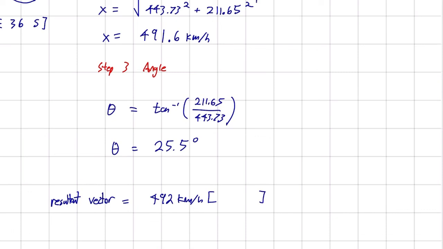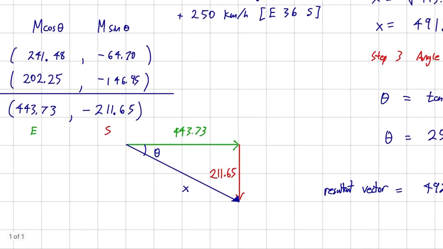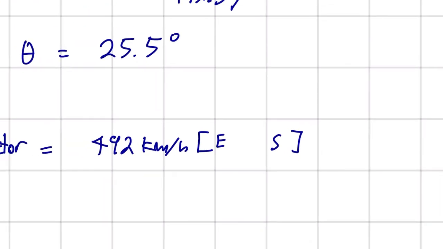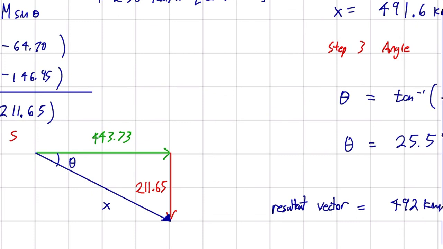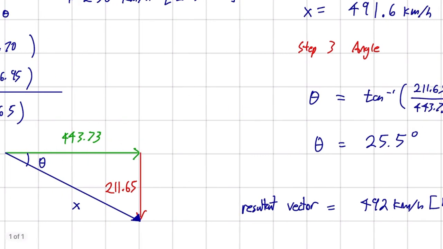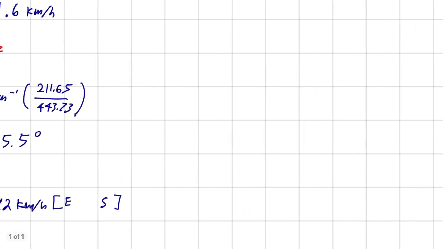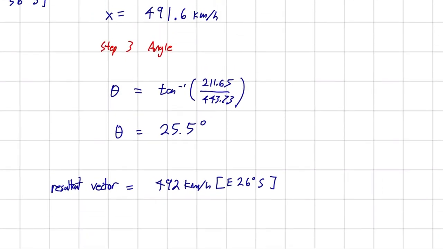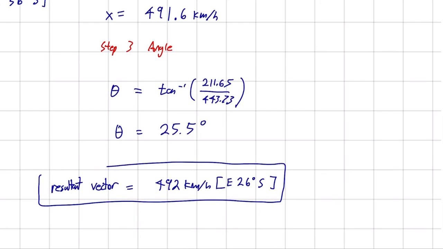And the direction is east and south. And then what angle? So we go east and then south to what degree? 25.5. So I will round that here to 26 degrees. That is our final answer.